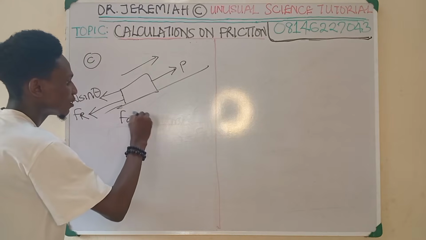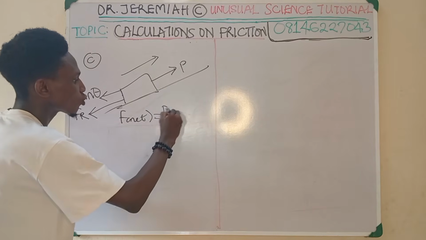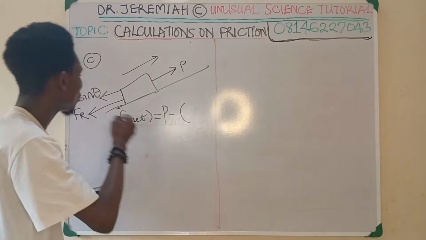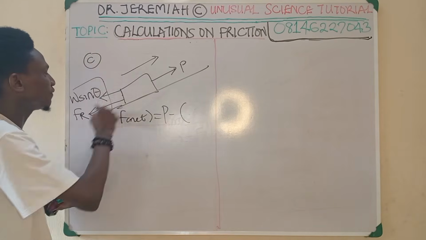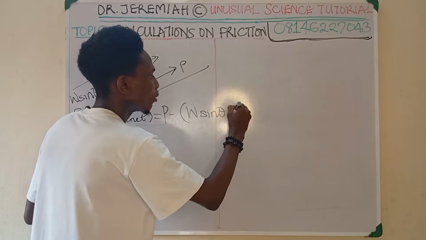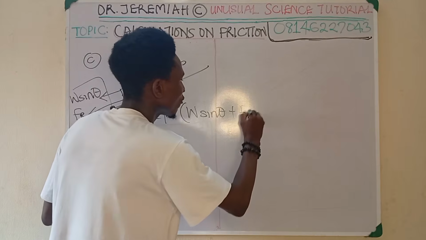F net equals pulling force minus, open bracket, always open bracket. If you add both of them here, you're going to get W sin theta plus frictional force.